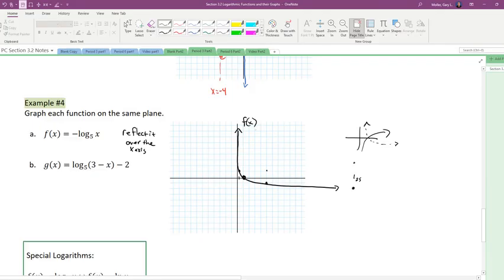Okay, example 4, B is a little trickier because I have this same scenario where, oops, I don't have a negative. I have a negative on my coefficient, and it needs to be a +1. So I'm going to take the time to factor this. But that factoring is still going to be inside the logarithm.